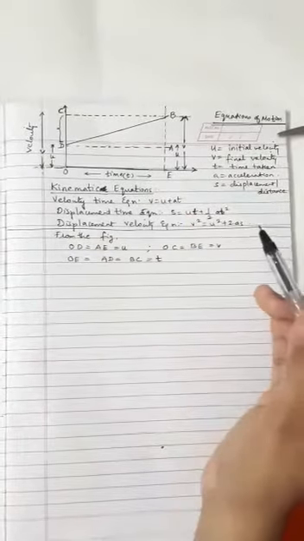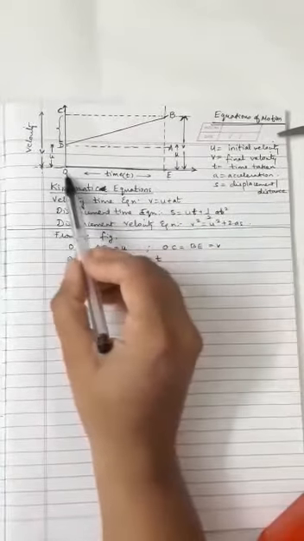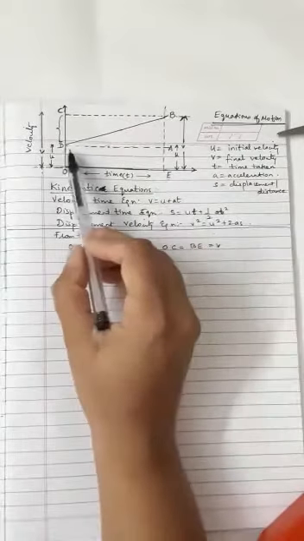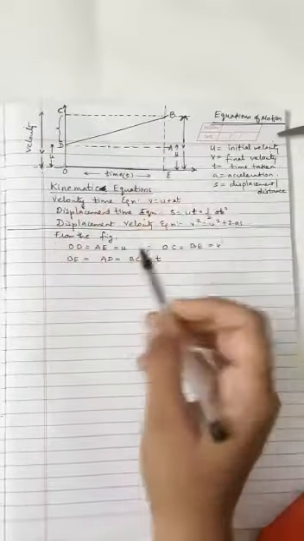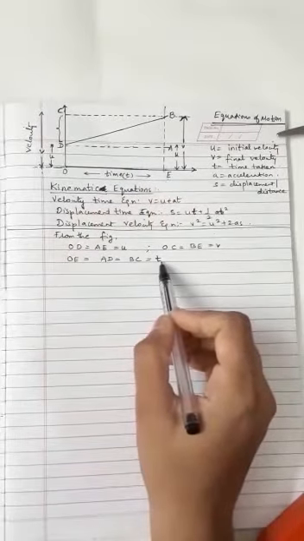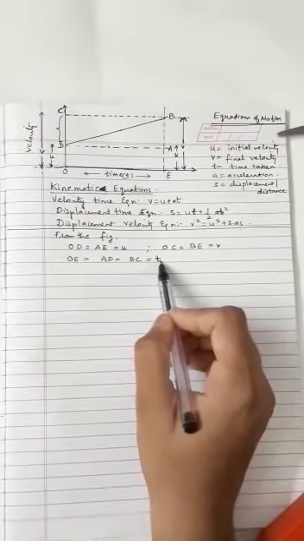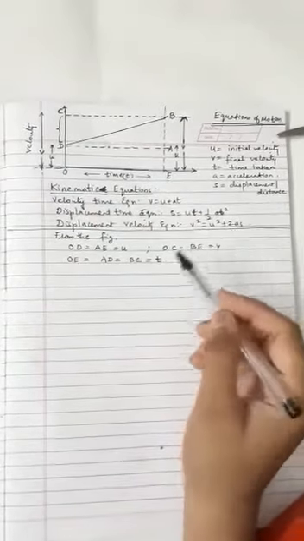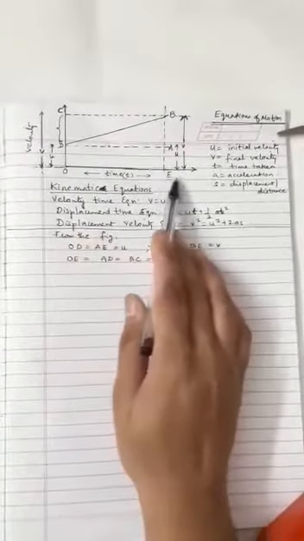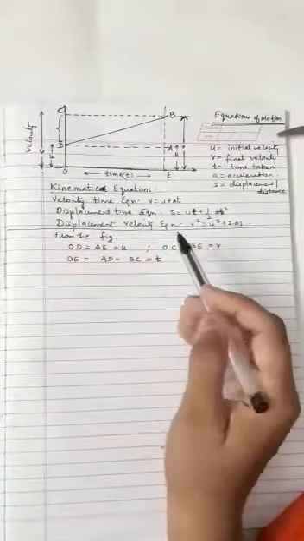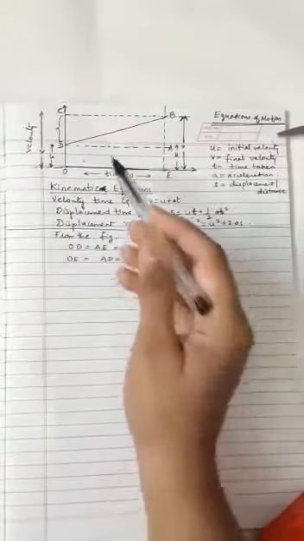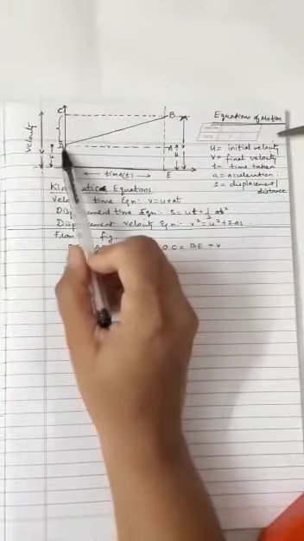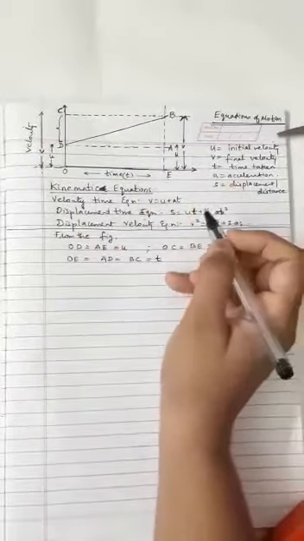And again if I take OE, AD and CB, all the three lengths will also be equal to t. This t is along the x-axis. If OE is taken as t, the remaining two distances AD and BC will also be t.